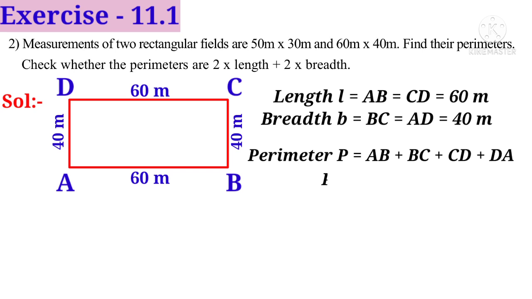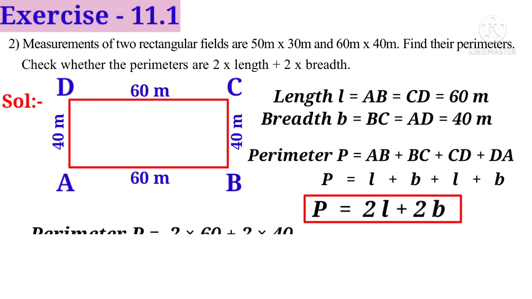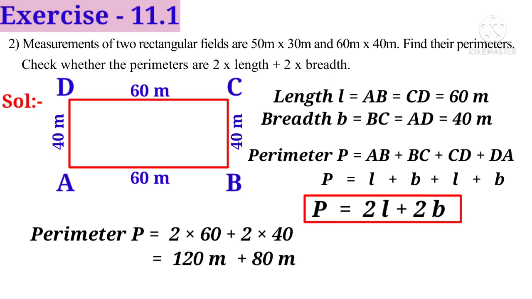Here AB is length L plus BC means b, CD means L and DA means b. So L plus L is 2L, b plus b means 2b. So perimeter P is equal to 2 into L is 60, 2 into 60 plus 2 into 40. 2 into 60 is 120 plus 80, that is 200 meters.